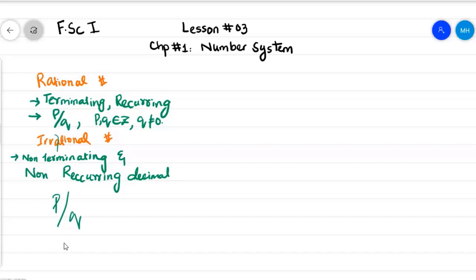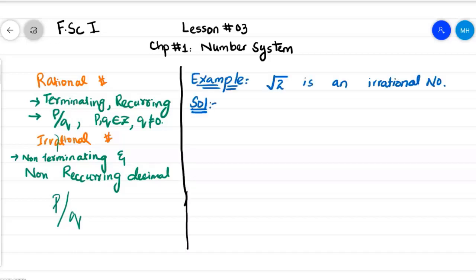So let's move to the example. Square root of 2 is an irrational number. In maths we can prove by the method of supposition: we suppose something contradictory to the original statement. So here we are going to prove this statement by contradiction. Now we suppose that square root of 2 is a rational number.